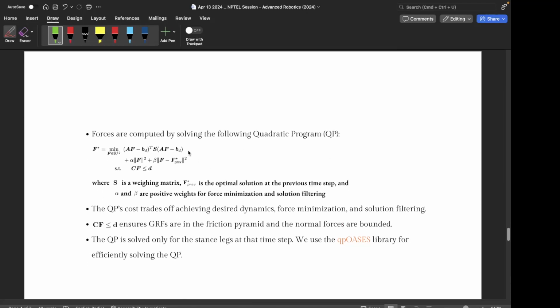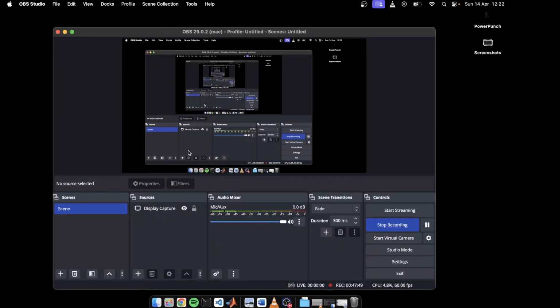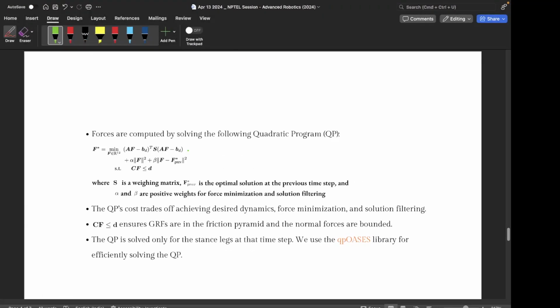Now these forces are computed by solving an optimization problem. Why an optimization problem? Finally we need to solve AF is equal to BD. We could have also just done F is equal to A pseudo inverse BD.